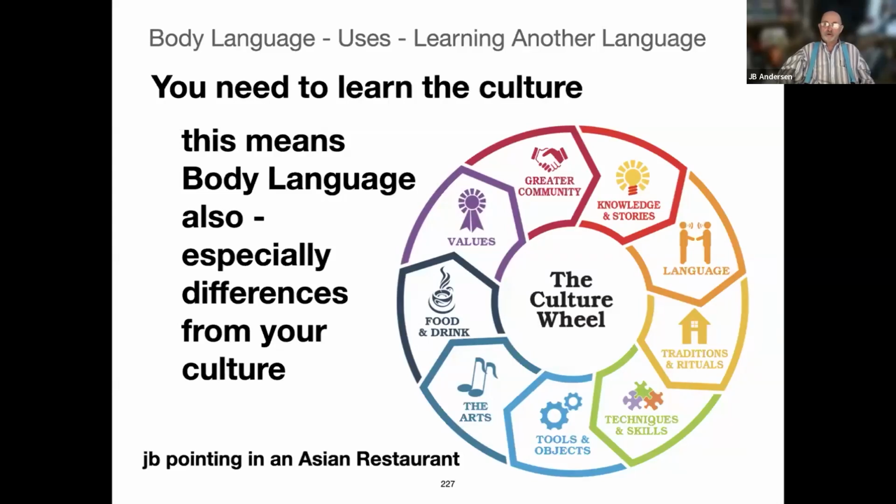You need to learn the culture, and this means body language. Here's a cultural wheel: arts, tools, techniques, rituals, language itself, knowledge, stories, community, values, food and drink, the arts, so on.